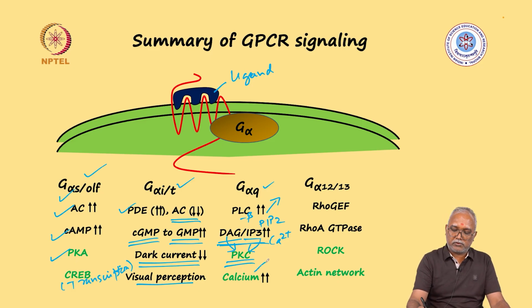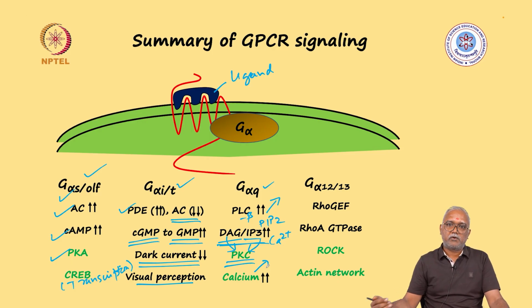This leads to the release of calcium, which, depending on cell type, will mediate a function. But what we realized in the example we took for G alpha Q is that calcium excess inside the cell was inducing exocytosis of the neurotransmitter, which was sending signal to the neurons connected to those cells.